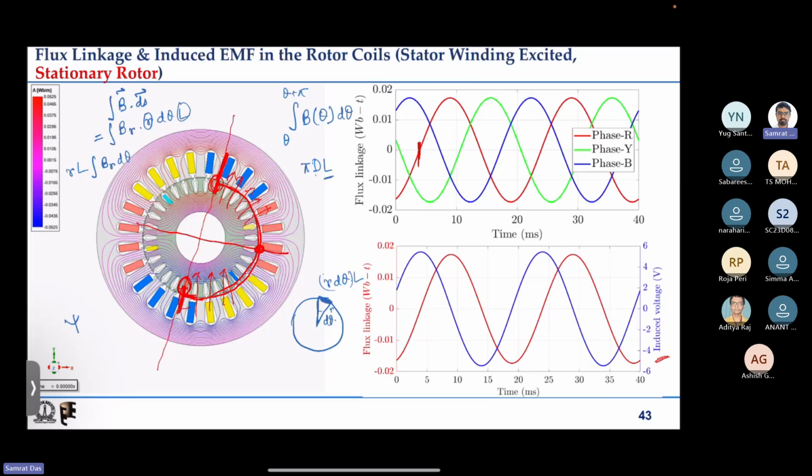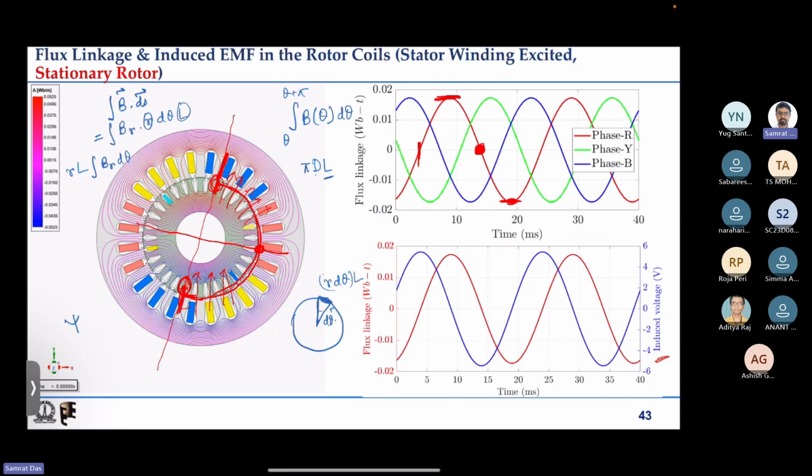So depending on the sign, at this instant it will be positive. If I go ahead by some time, again we'll reach a point where the axis of the magnetic field is aligned to the two conductors, so the flux linkage will be 0. Again if I move ahead, I will reach the exact opposite point, where the flux linkage is maximum in the negative direction.